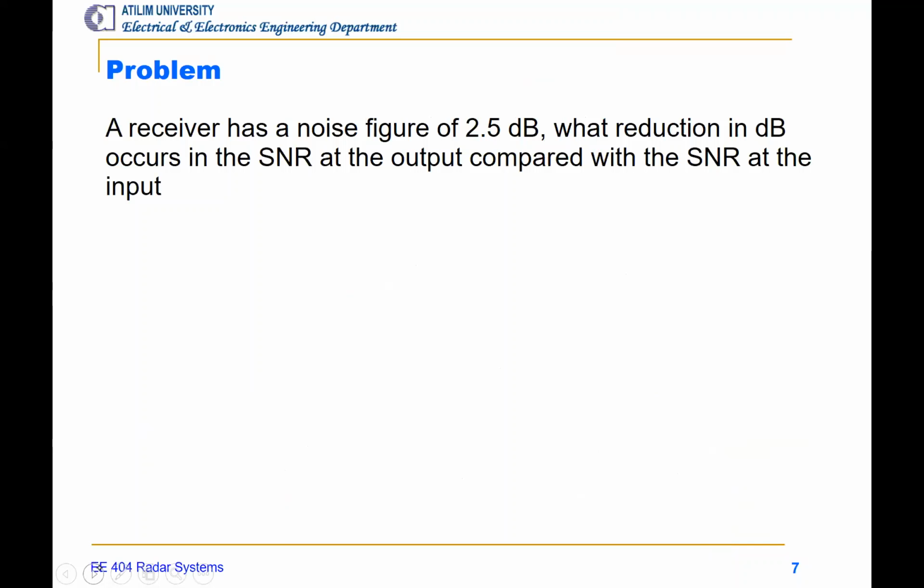Okay, there is a problem here. It's a very easy one. Again, let's take a receiver, and we have an input SNR and output SNR. The noise figure of this receiver is given as 2.5 dB, which is how many? How can we convert this into a number?